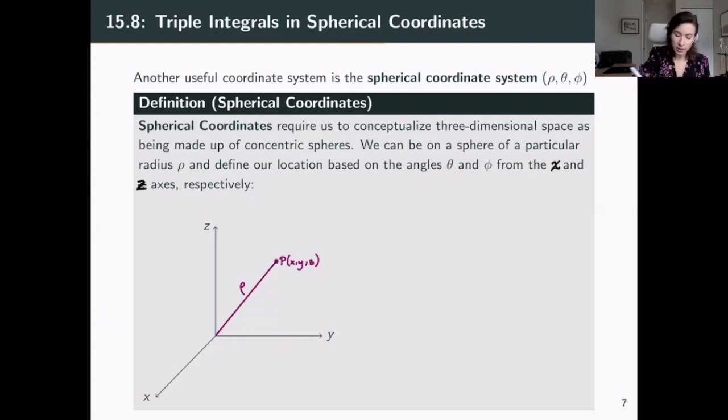And so we can look at the angle from the z-axis to this point. I've got my rho, and then I can tilt from the z-axis, and that is going to be what I call my angle phi. From this phi, we can then create a right-angled triangle.